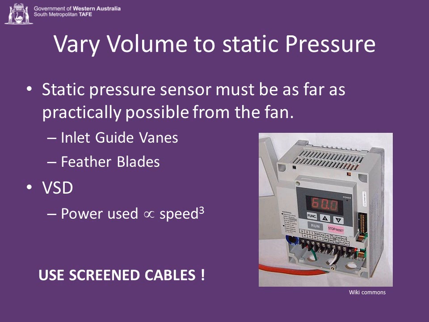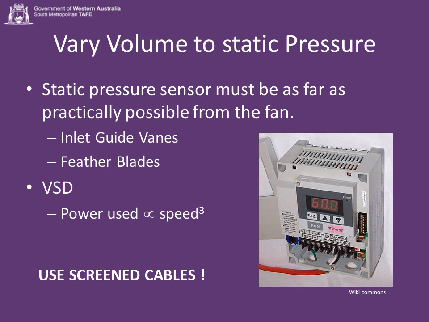What this means is that if you halve the speed of the fan, the kilowatts don't reduce by 50%. The kilowatts reduce to an eighth. So when you halve the speed, you reduce the kilowatts to an eighth.